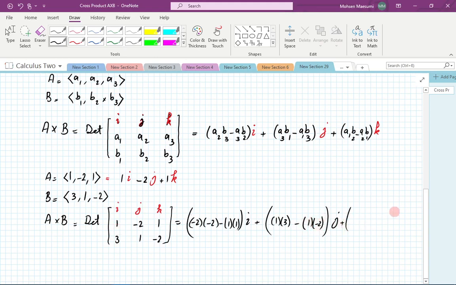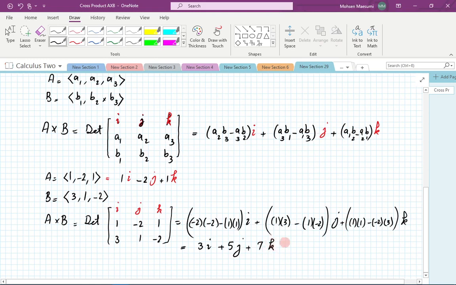And finally we have the last entry, which is k, and that's going to be 1 times 1 minus 2 times 3. It simplifies to 3i, and then I have 5j and 7k. So if you want to abbreviate this, 3, 5, 7 is the product.